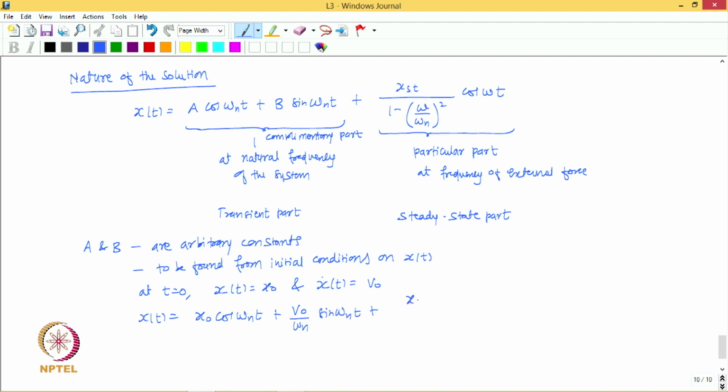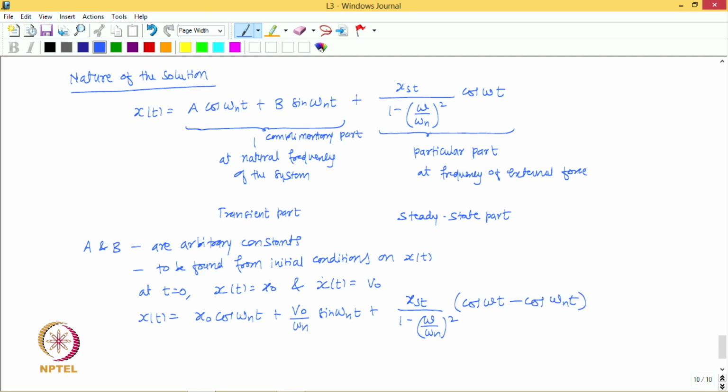Plus x static upon 1 minus omega upon omega n square, cos omega t minus cos omega n t.